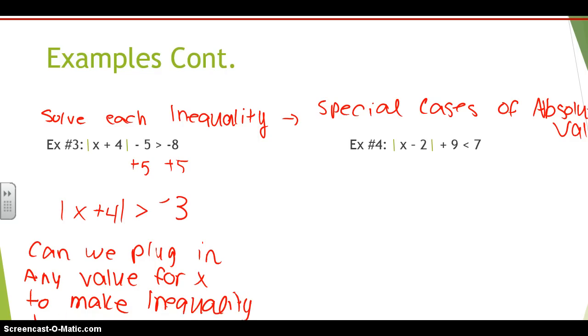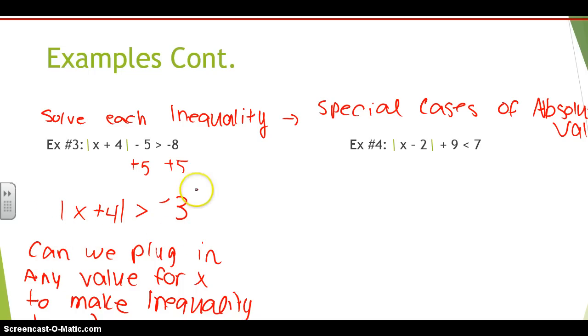Think about it. If I put in any value, let's say negative 10 for x, negative 10 plus 4 gives me negative 6, the absolute value of negative 6. Would the absolute value of negative 6 be greater than negative 3? Yes, because the absolute value of negative 6 would be 6, and 6 is greater than negative 3.